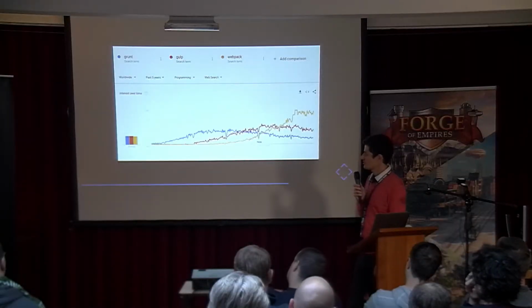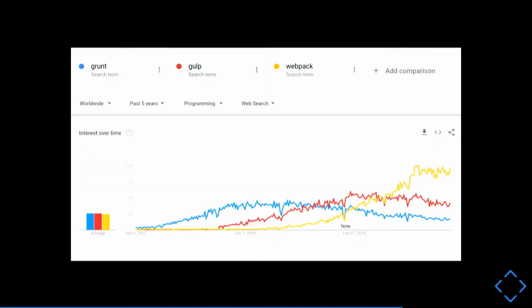One thing is that it is a bundler technically, but in practice it makes obsolete task runners like Grunt and Gulp. That's the graph. They were all almost created at the same time. Grunt takes off, then Gulp takes off and replaces Grunt, and then Webpack starts and kills them both.